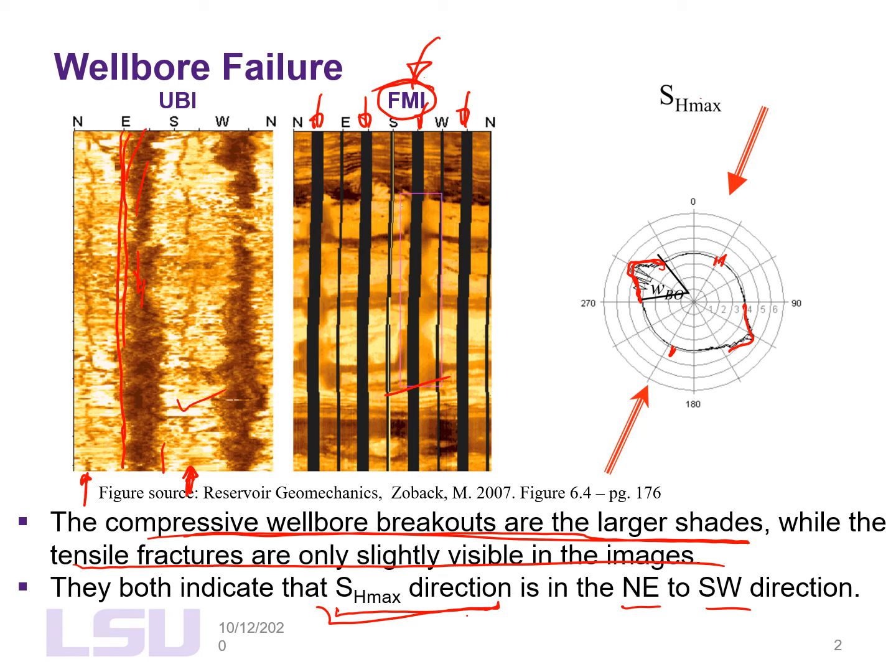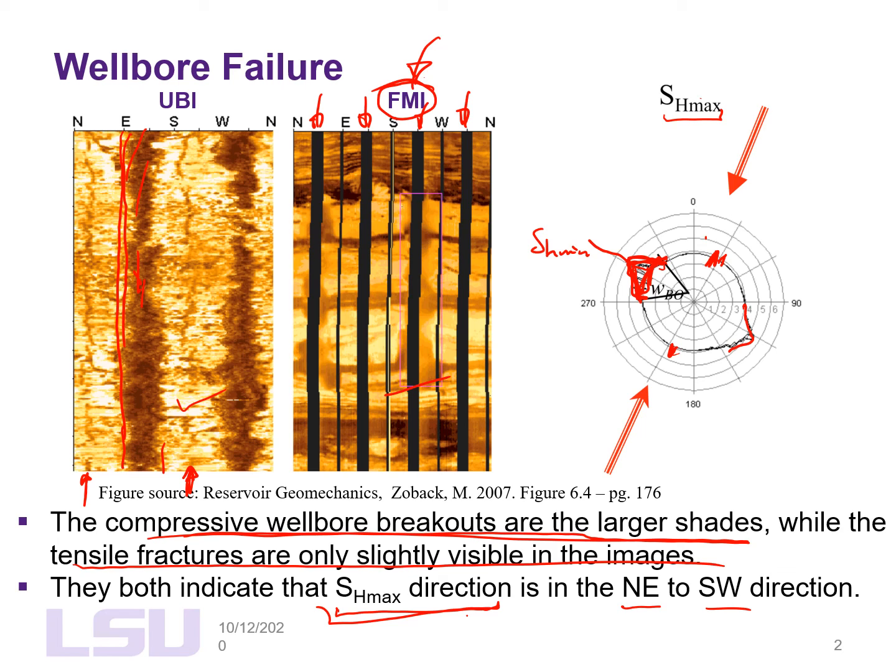You're going to have the least concentration of stress in the direction of SH max, whereas in the direction of SH min is where you're going to have the highest concentration of compressive stresses, which will lead to the breakout. So this is the direction of your wellbore breakout.